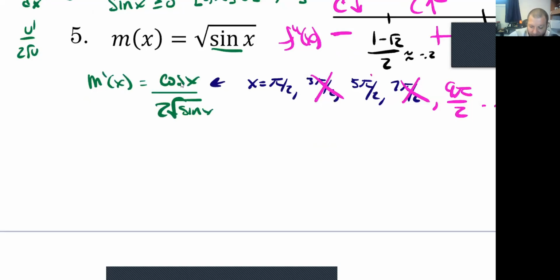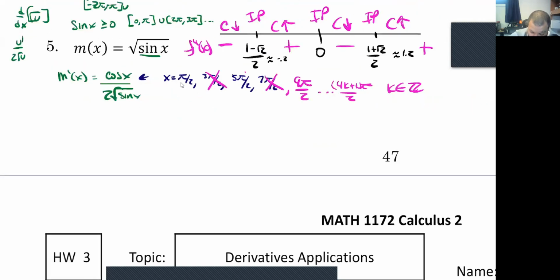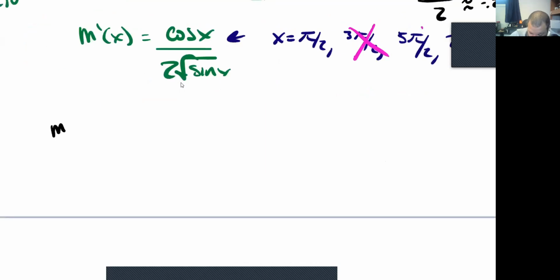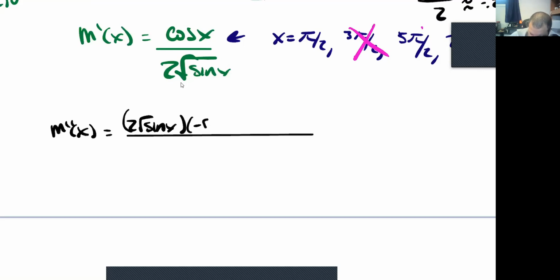All right, so then we could also take the second derivative before I just graph this thing. Second derivative, we need some quotient rule here. So we know quotient rule has 5 parts. We have the bottom, just repeated, times the derivative of the top, negative sine of x, minus the top times the derivative of the bottom, right?